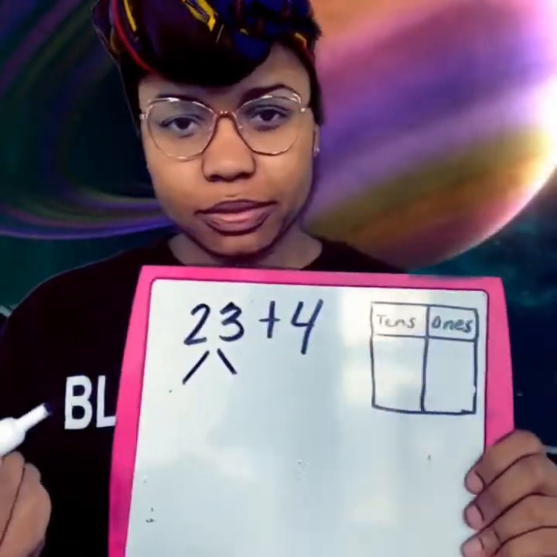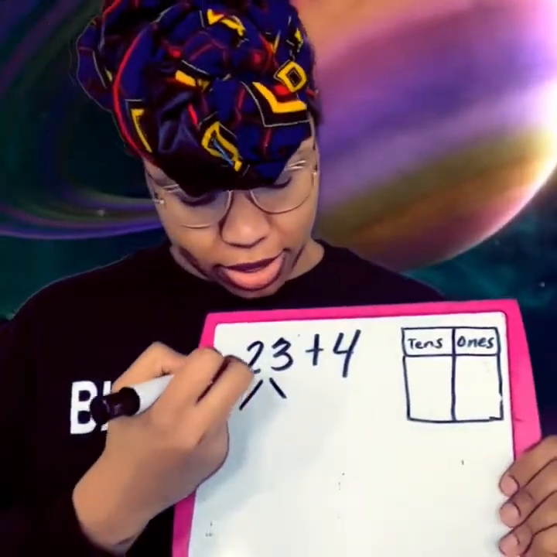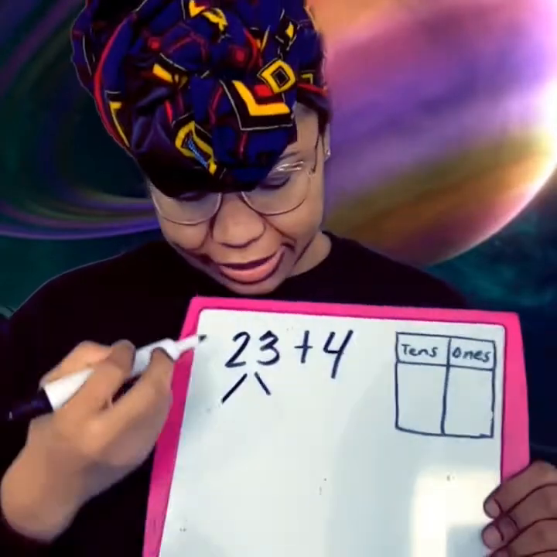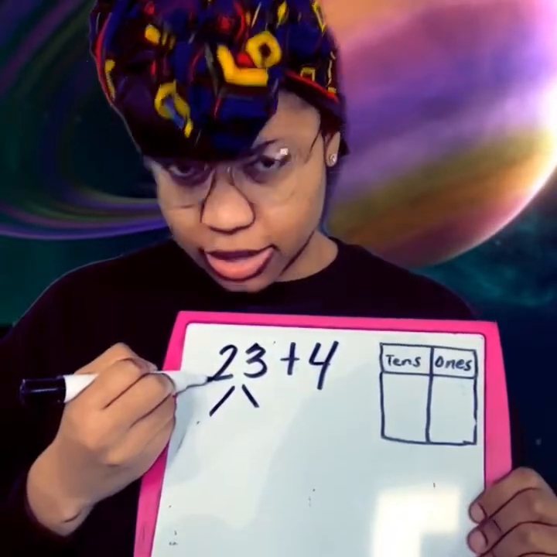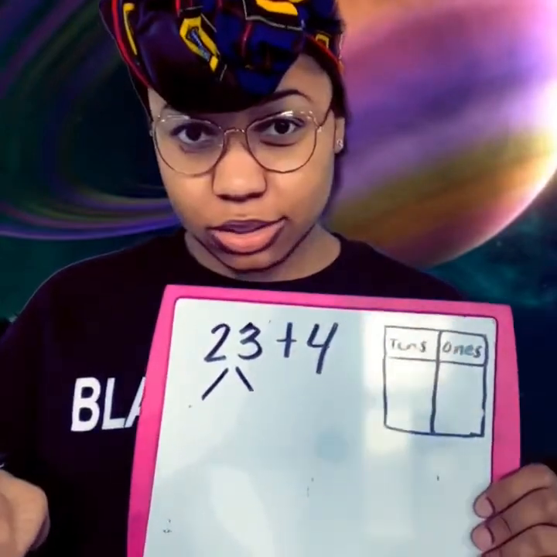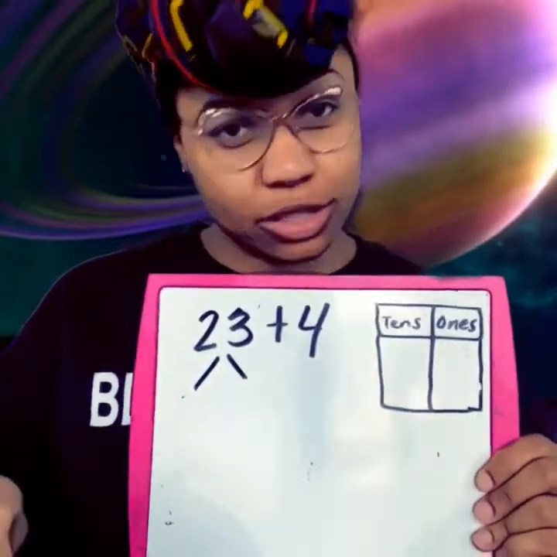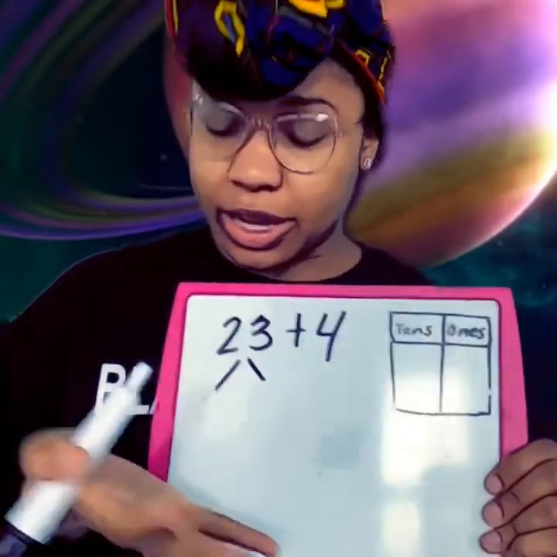So I notice in my number 23, I see that there's 2 groups of 10 and 3 extra ones. So I'm going to draw my 2 groups of 10 and my 3 extra ones.